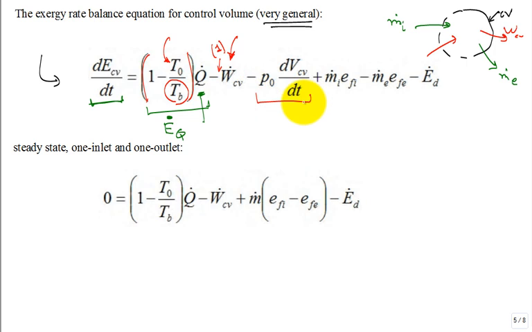Very rarely is that term anything but 0, because this means right here, the volume of the control volume, how does it change with time? Is it continually expanding with time? That's rare that we would have a problem like that. But if you did, you would want to include that term, because it's continuously pushing back the boundary at pressure P naught. So that's non-useful work, so subtract that off.